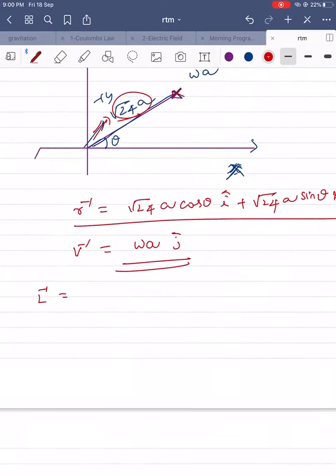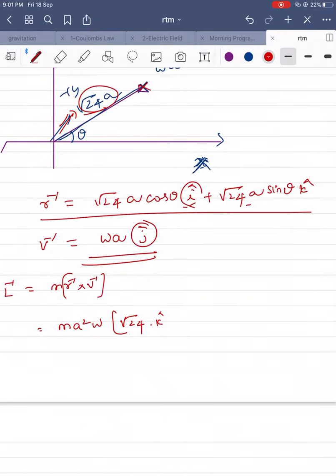Certain times you need to do the cross product also. Okay, if you do the cross product m r bar cross v bar, m into r bar root 24 a into a omega, that is a square. Everywhere I can take out a common factor m a square omega. Omega square doesn't come into the picture. M a square omega, i cap cross j cap, root 24 into ij is k cap.